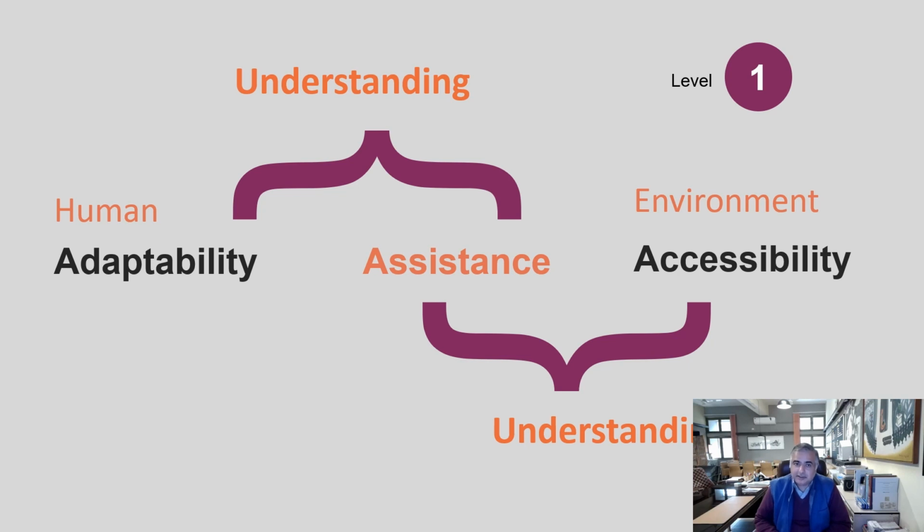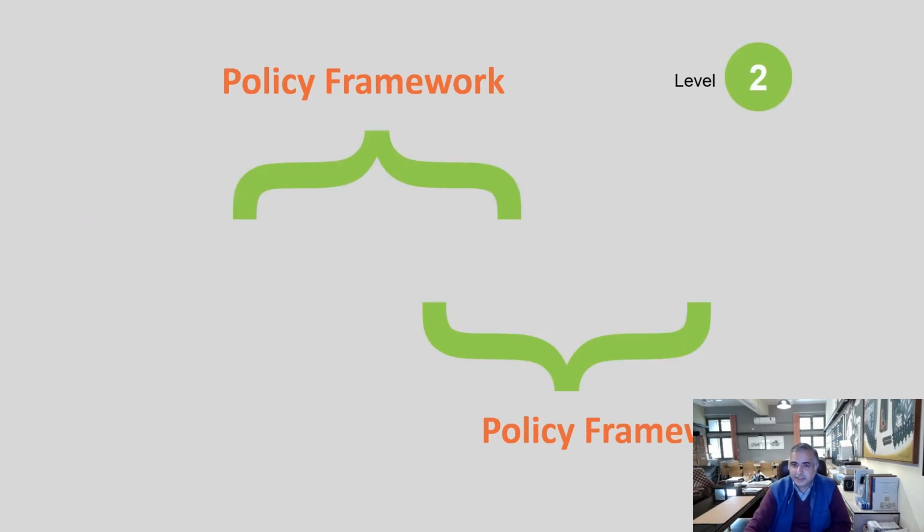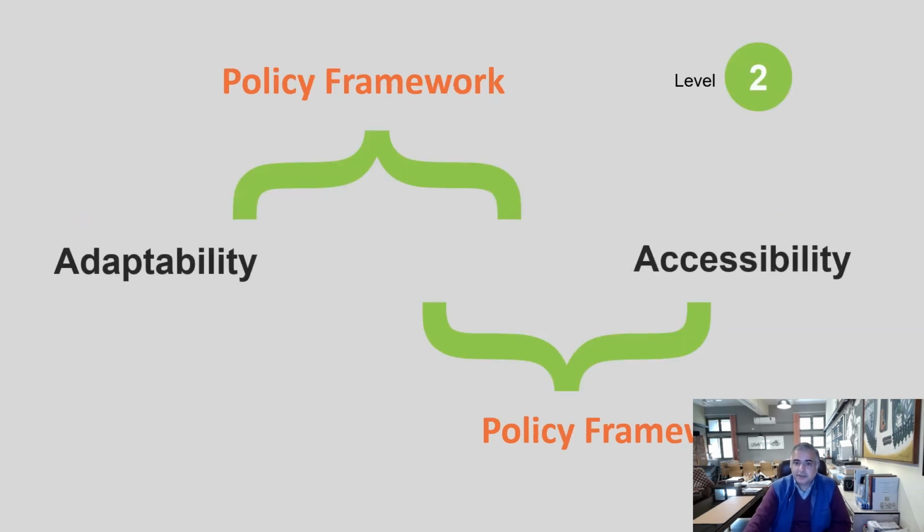Only when our policymakers, our systems, the common public, the civic citizens understand that having assistance in the form of humans or technologies would be a great idea to bridge the gap between environmental access and human adaptability. I believe this would be the first level at which we have to make a lot of awareness possible at the ground. Level 2 talks about the development of policy frameworks.